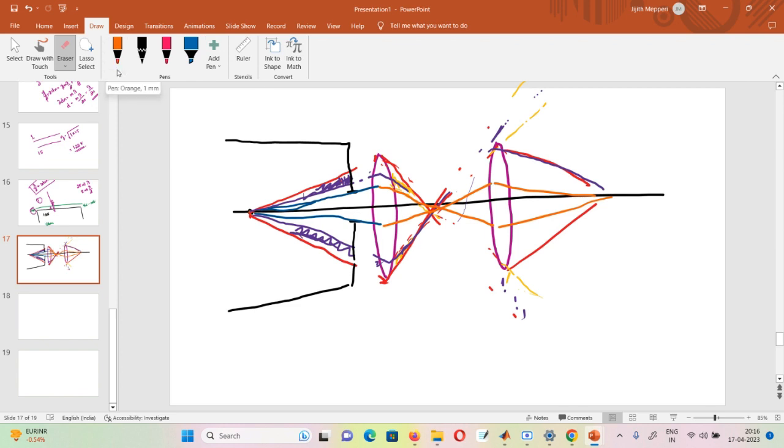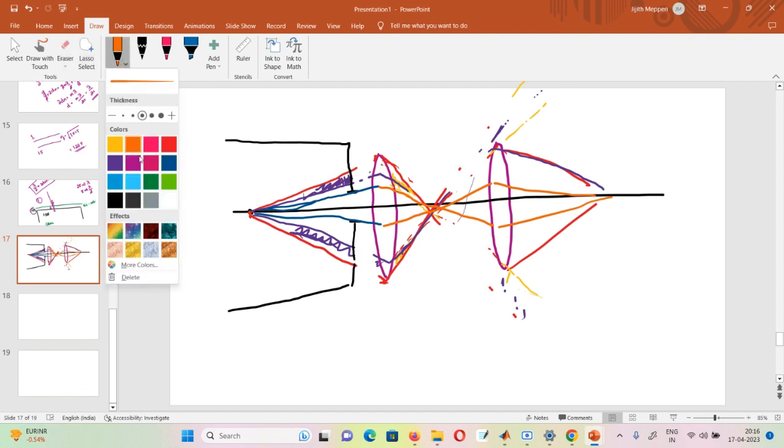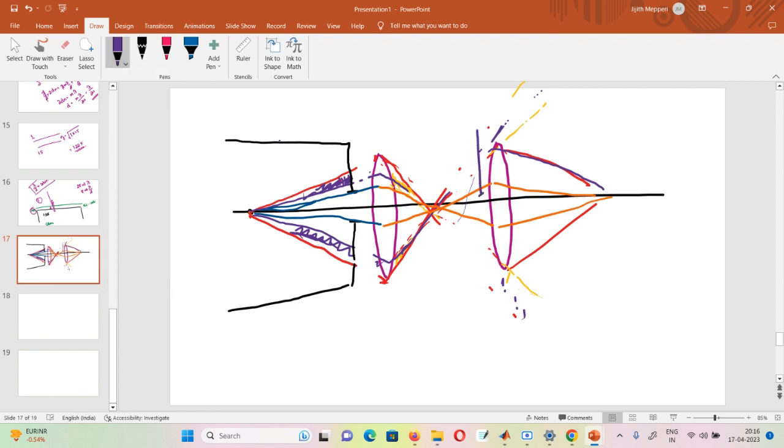Now I am saying that the system has another aperture which is here. Then which will be the one controlling the light? The second physical aperture. Why?